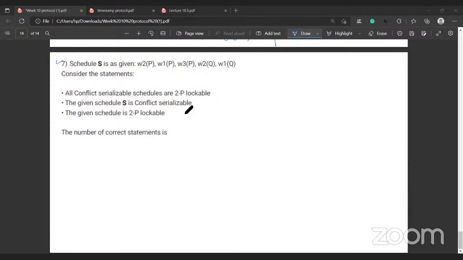Hello, anyone got the answer? Okay, let me solve. The schedule S is given below. There are three transactions: T1, T2, and T3, right?